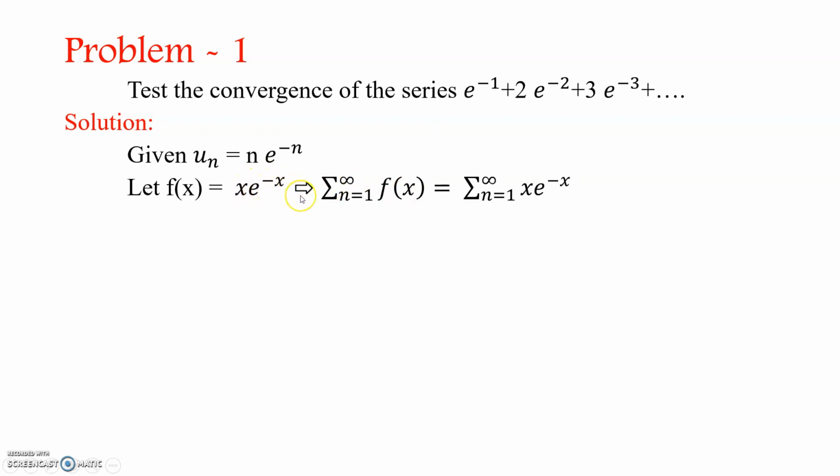So here you are taking the summation n equal to 1 to infinity, f of x is equal to summation n equal to 1 to infinity x e power minus x. f of x is greater than 0 and f of x is decreasing in 1 comma infinity.